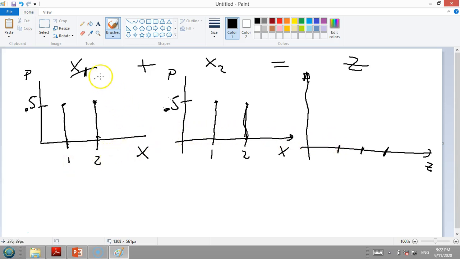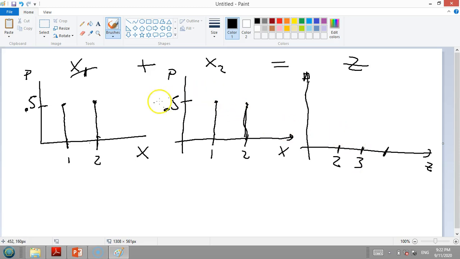Z can be, because it's the sum of 2, x1 can take on the value of 1, x2 can take on the value of 1. So the minimum z can be is 2, because 1 plus 1 is 2. And then z can also be 3, because x1 can be 1 and x2 can be 2, which equals 3, or x1 can be 2 and x2 can be 1, which also equals 3.